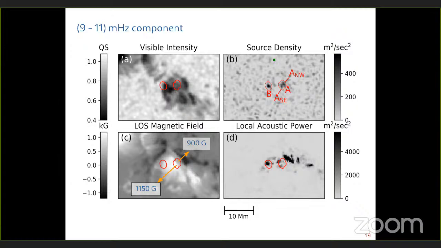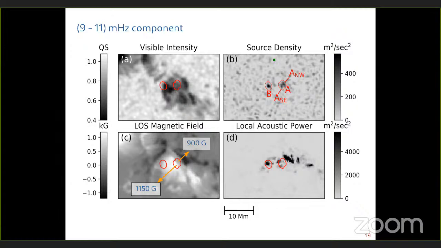Now, by analyzing the line of sight magnetic field, we find that source A is set where the magnetic field has a boundary where the value increases from 900 Gauss to 1150 Gauss. That is remarkable because there is an increase of about 250 Gauss for this region. So it is like this magnetic structure has some sort of relationship with the dynamics or even generation of these sources.